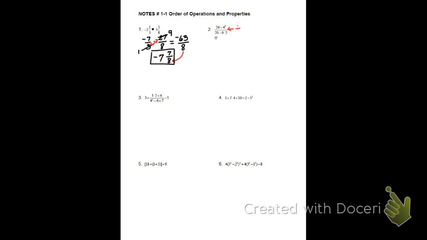So this is going to be 24 minus the 16, all divided by 20 minus 12. This happens to end up with 8/8. Any number over itself is just 1. So your final answer here for that problem would be 1.